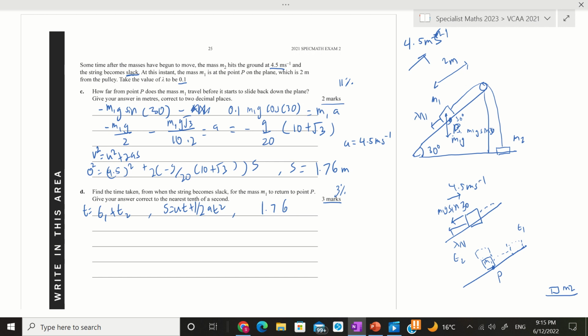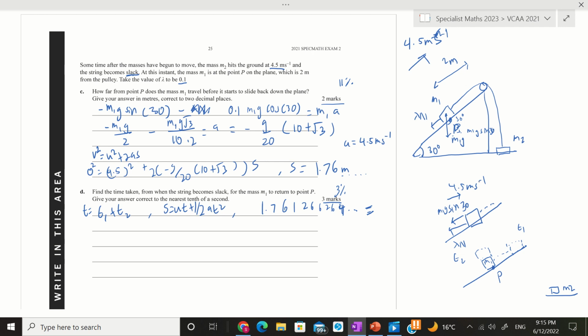Use whatever came after it on the CAS, something like 1.761266 and so on. Copy and paste it and put it in. Don't just round it and put it into the next part, because you might end up with an answer that differs a little when you round it to the nearest tenth of a second. So you want to avoid any rounding errors.